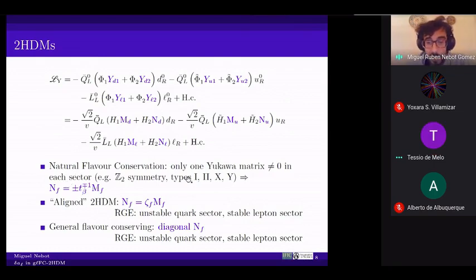So what I was mentioning is that beyond this natural flavor conservation, one can still keep the simplicity in these new couplings, in terms of not having flavor changing couplings with the neutral scalars, with this kind of aligned two Higgs doublet model, in which there is just some proportionality, but with a parameter which is independent.